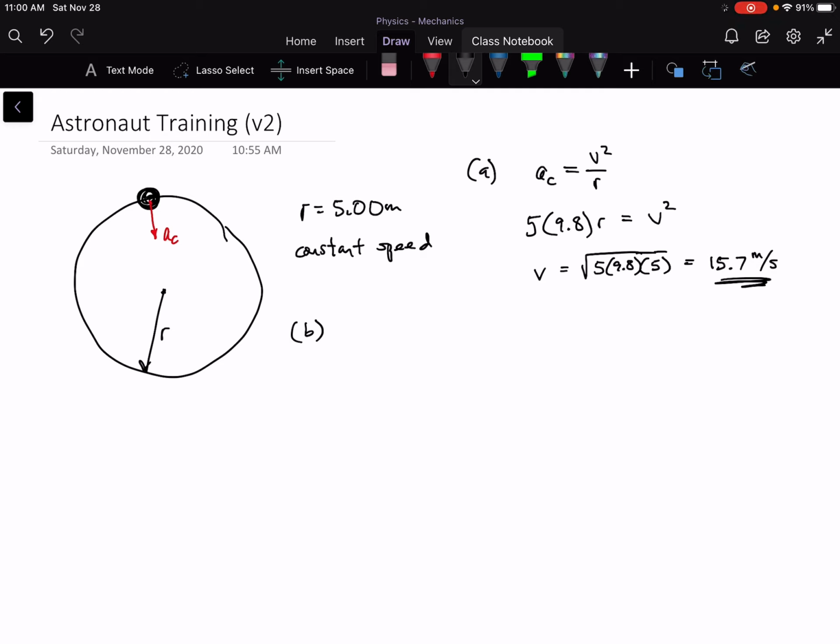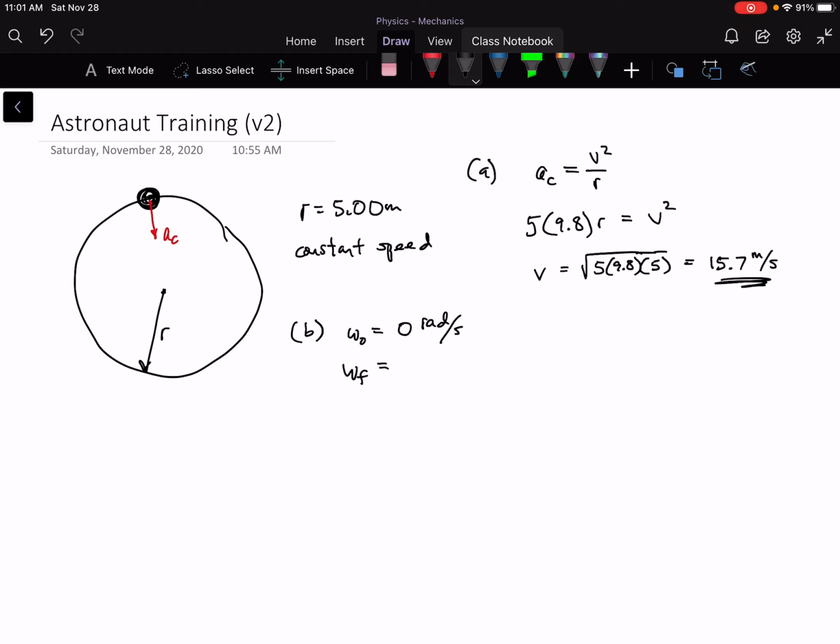Okay, so now for B, we're asked, if the training apparatus and the astronaut start at rest and go through 6 revolutions before achieving the tangential velocity in part A, what is the angular acceleration of the astronaut? Okay, well, we start at rest, so we want the initial angular speed to be equal to 0 rads per second. And our final angular speed, well, we would actually need to figure that out.